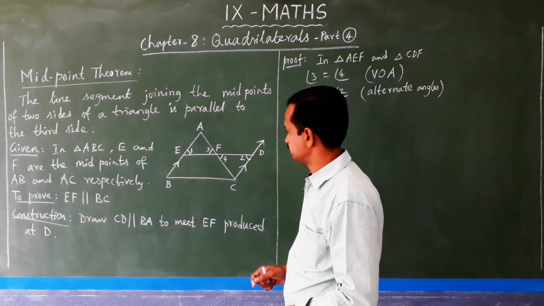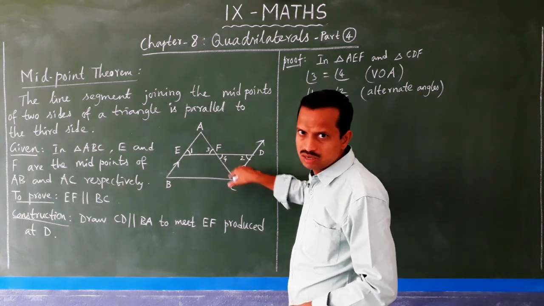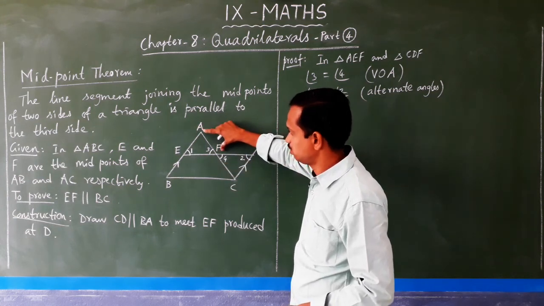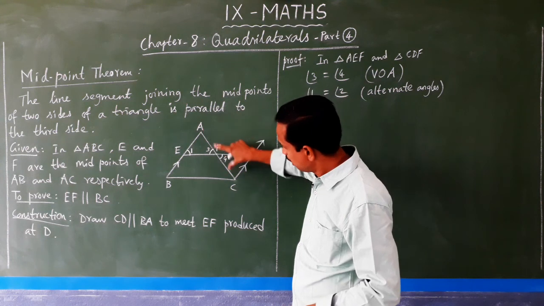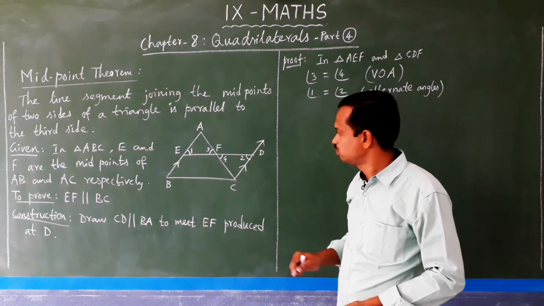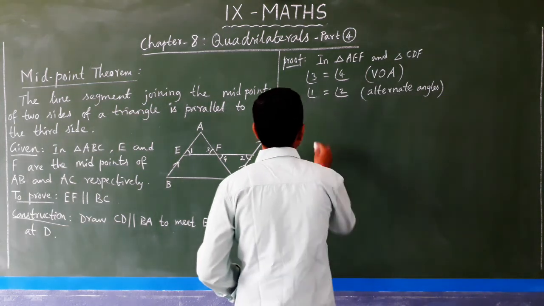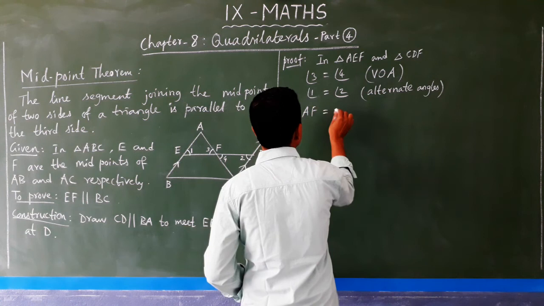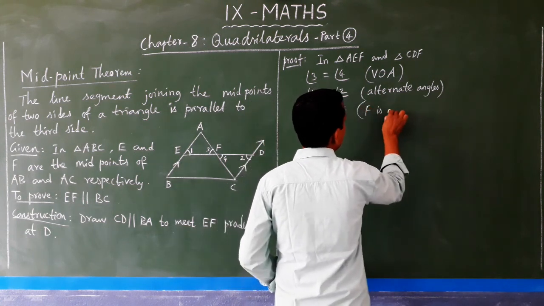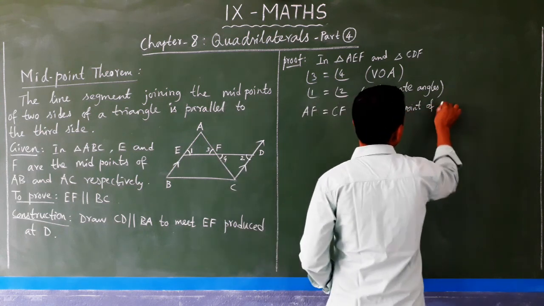And one more thing: in AC, F is the midpoint. So AF, a side of triangle AEF, and CF, a side of triangle CDF, are equal. Am I right? AF equals CF, the reason being F is the midpoint of AC.